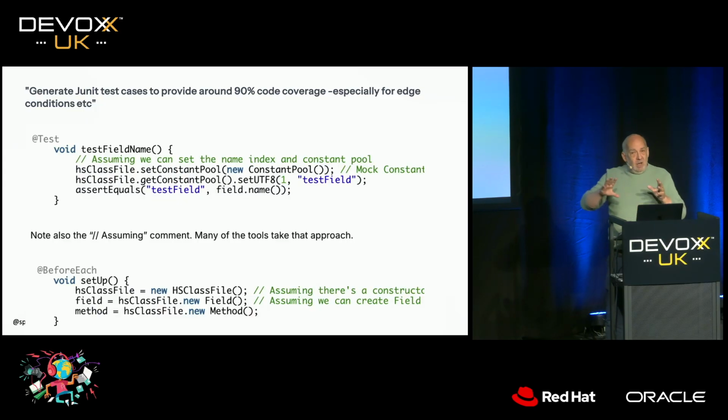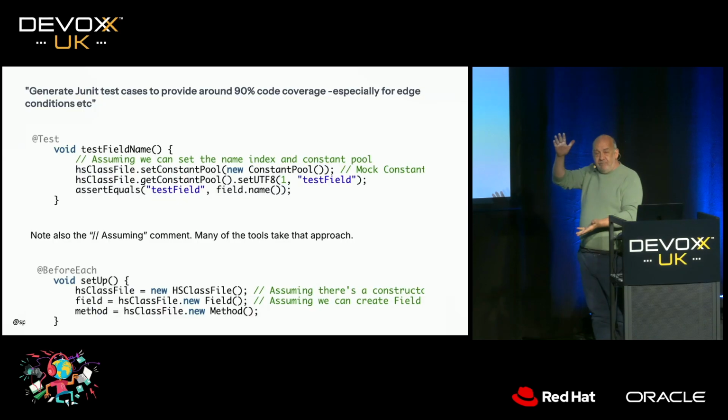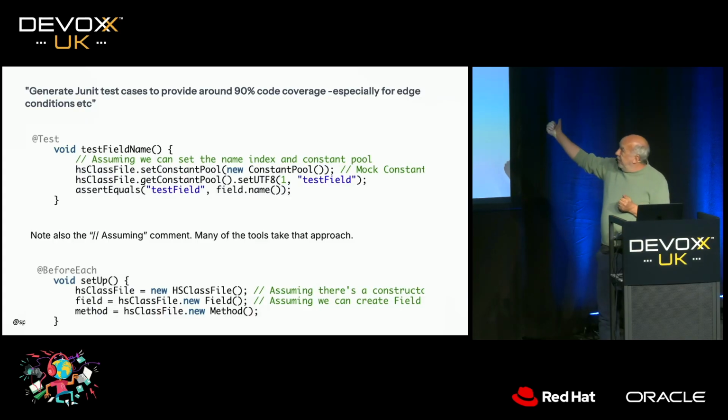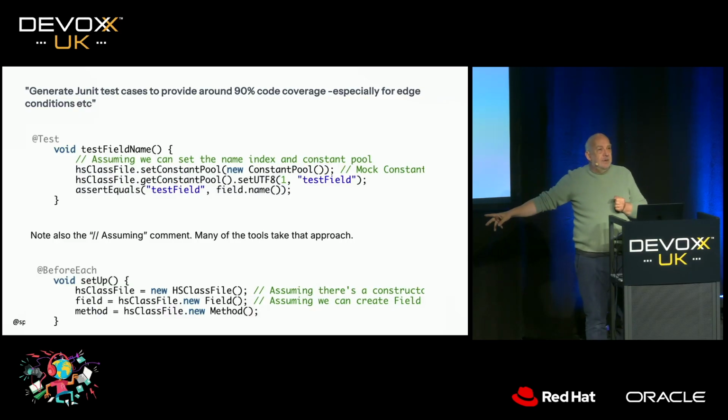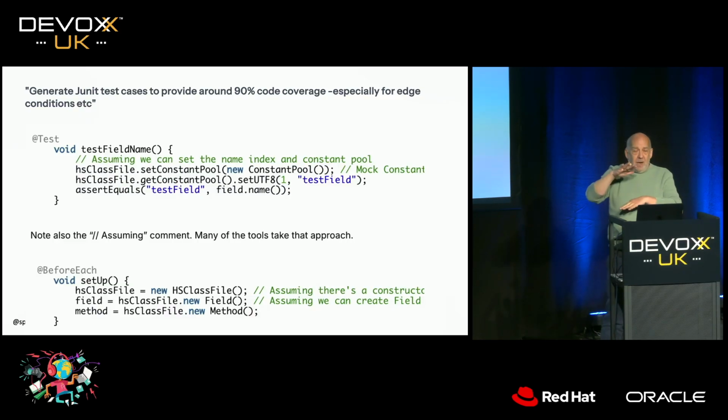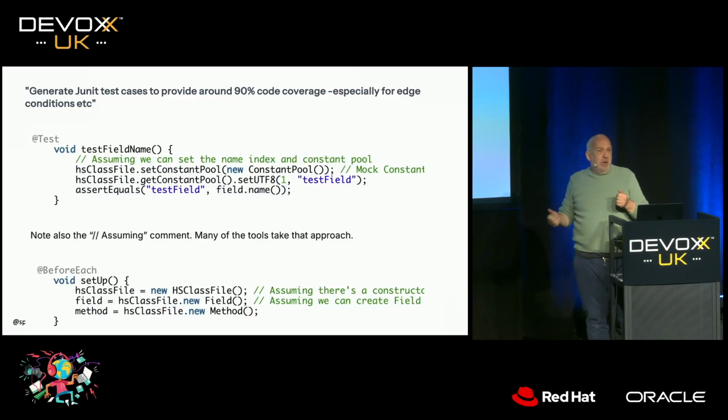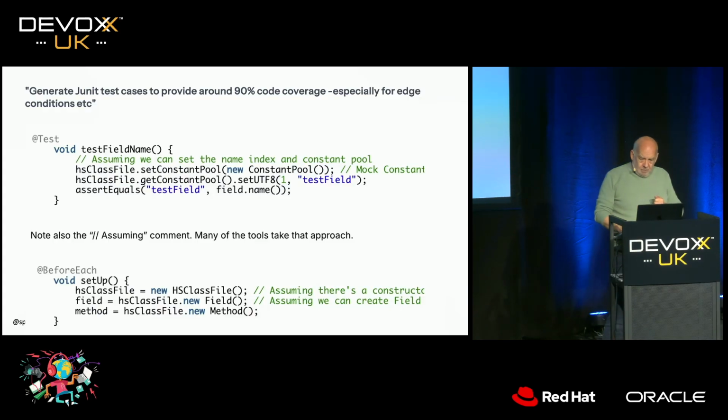But if you just say, hey, go write some test cases, and give it 10 lines of code, you get stuff like this. It just guesses. And you get this assuming thing, like mocks and assume, constant thing. You don't get what you want. What you get is boilerplate that may or may not be right based on the AI's assumptions. But at least it tells you it's assuming something.